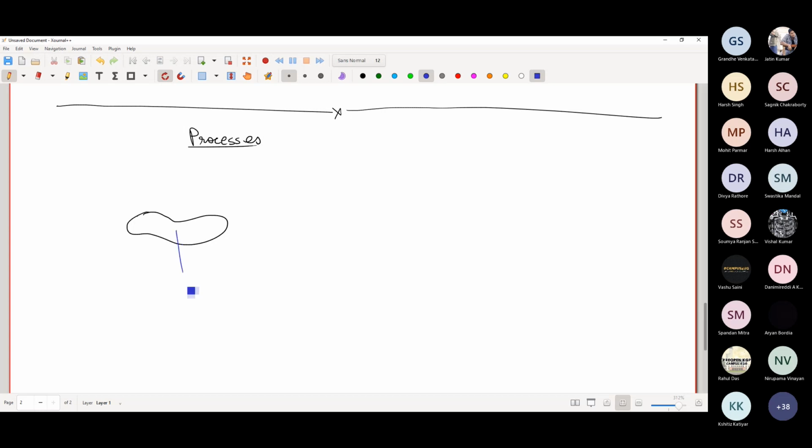So suppose this control mass is at some pressure, some temperature, say P1, T1, and you've acted upon it by some work or given it some heat, given it some energy basically, and now it has gone from this state to say this state, and its pressure temperature is P2, T2.